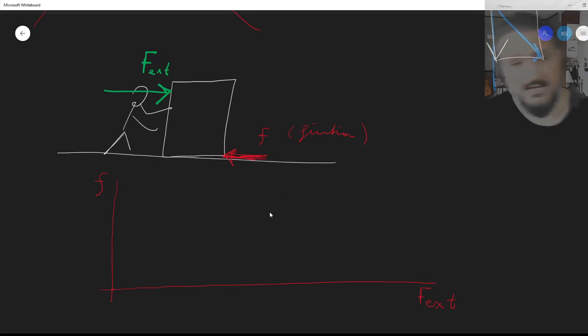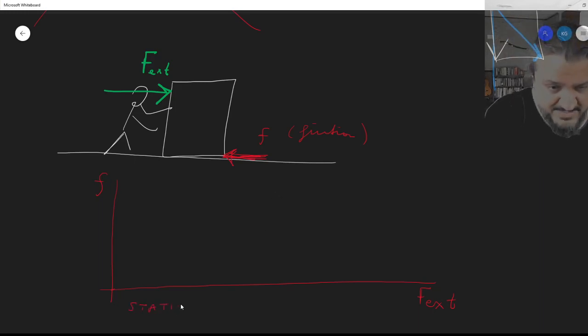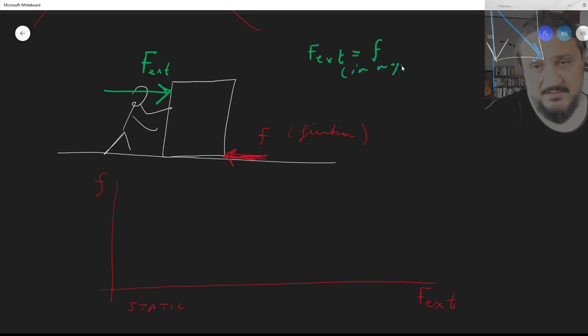Now, if you are in the static phase, which I'm going to write here on the left, no matter how hard you push, the object will not move, which means F external is equal to little f in magnitude. Not in direction. Direction is opposite, but in magnitude.